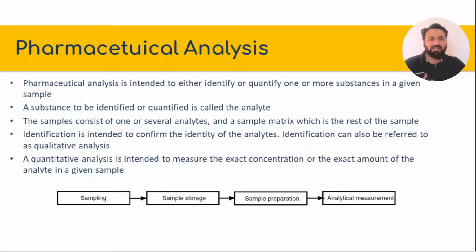Now, while we are starting to work on our sample, we receive a sample. We store this sample, or maybe this is a compound which we buy from the market, and we store it in a sample storage room. Now, what is sampling basically?